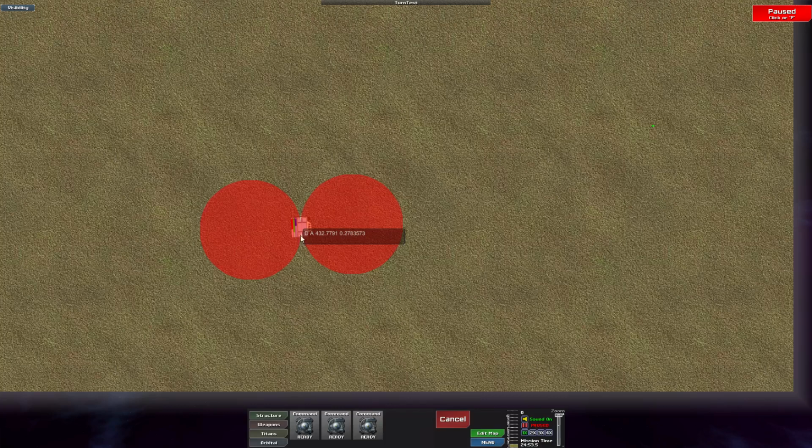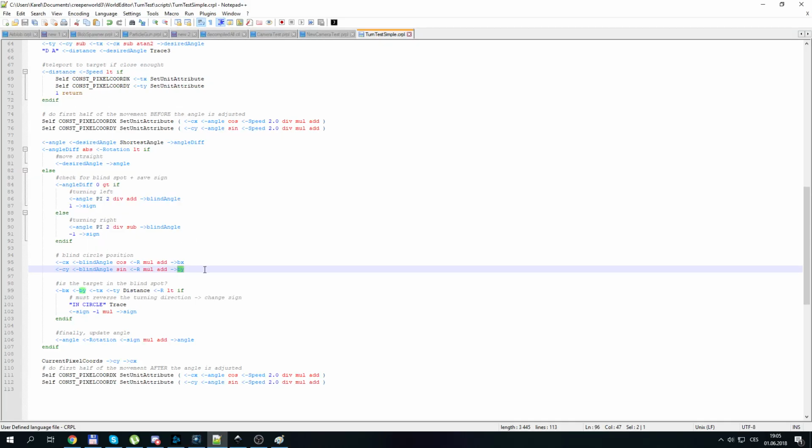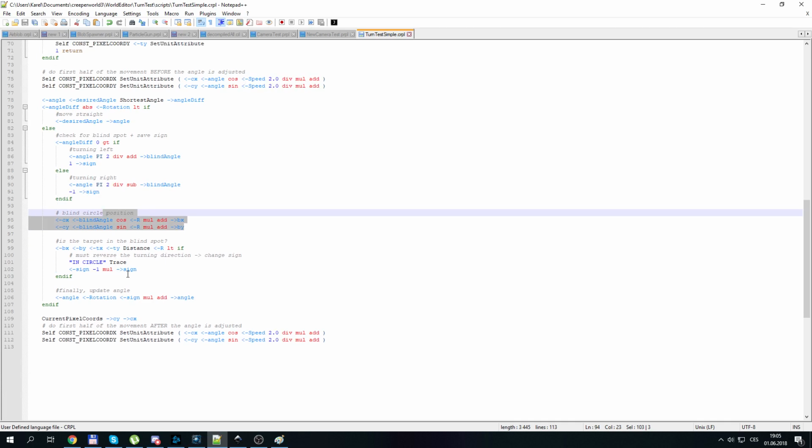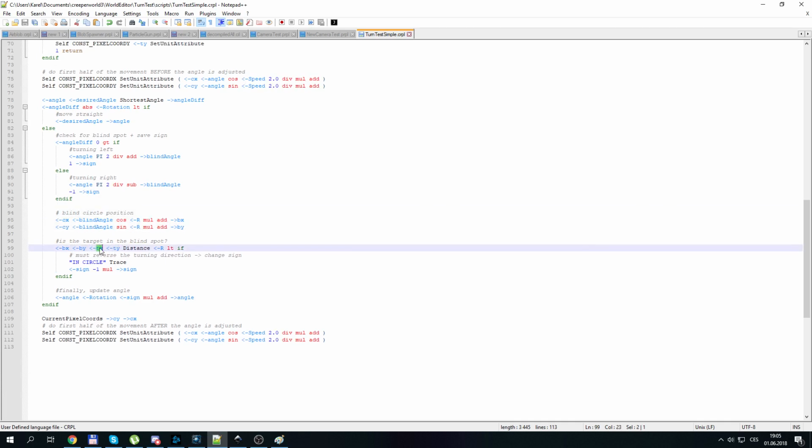This is done simply by taking the radius and adding it to the position of the unit in the direction of the angle, moving the angle of the unit either 90 degrees one way or another, and then adding the radius in that direction, which I'm doing here. And finally, I need to check if the distance from the target to the center of the blind circle is less than the radius of the blind circle. And if so, I change the way in which the unit is turning. Now finally, I update the angle and we are good to go.